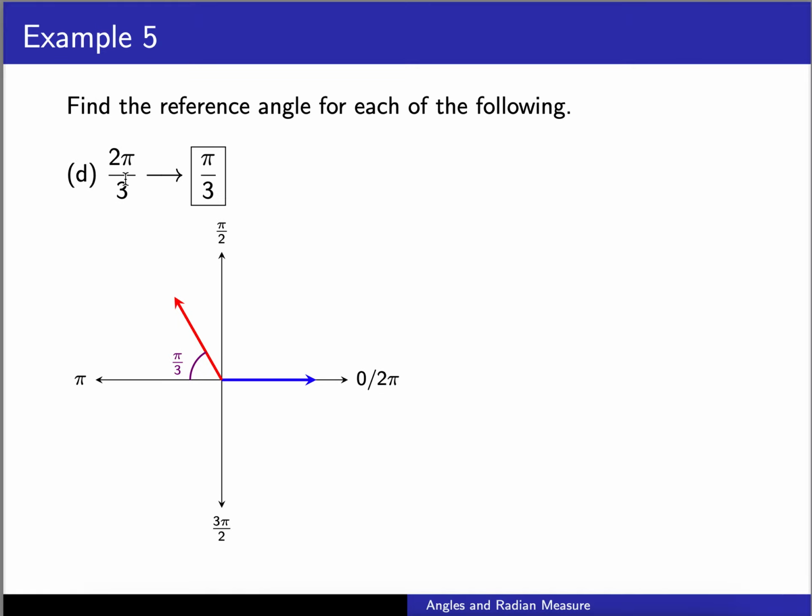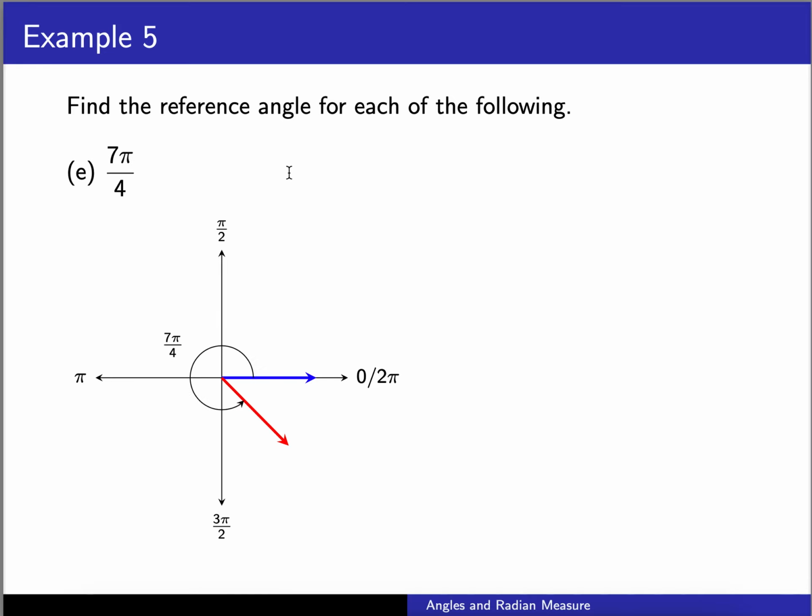If we converted 2 pi over 3 to degrees, it is 120 degrees. The difference between 120 and 180 is 60. So 60 degrees would be the reference angle, and then converting 60 degrees to radians, you get pi over 3. So you can take that option as well. All right, part E, we have 7 pi over 4, so that's going to end up in the fourth quadrant. So we want to get back to 2 pi.